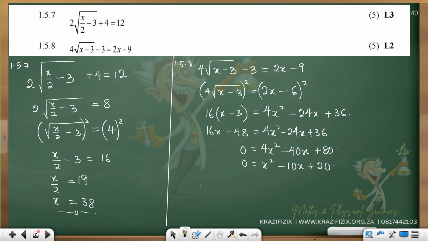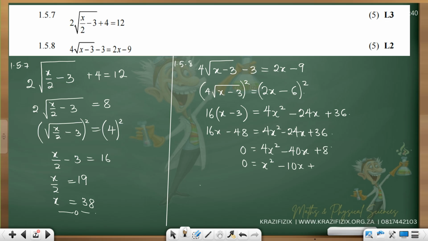Wait, let's make sure that we haven't made any mistake. 4 times 4, 16x, 24 and 16, yep, 40, 36, 48. 36 and 48, it's not 80. There's a 4 here missing. Yeah, I could see. All right.